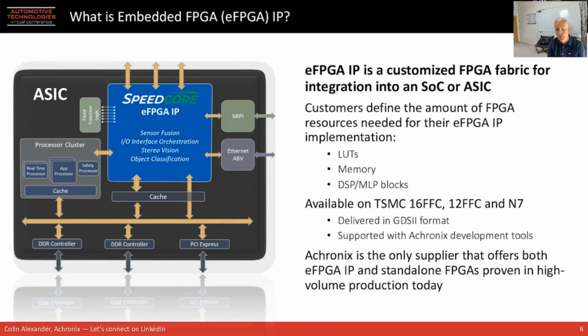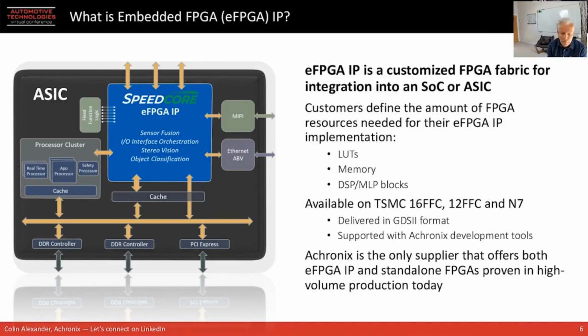As a result, all the external interfaces expected from standalone FPGAs can be removed from the system, thus optimizing performance and power consumption figures. Achronix's eFPGA IP is called SpeedCore.